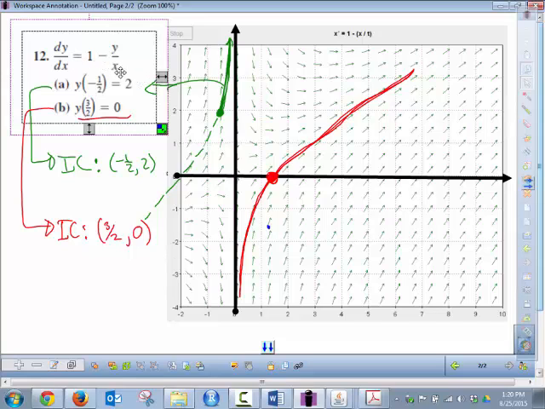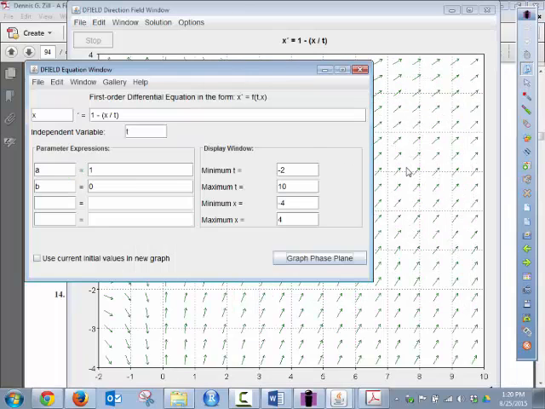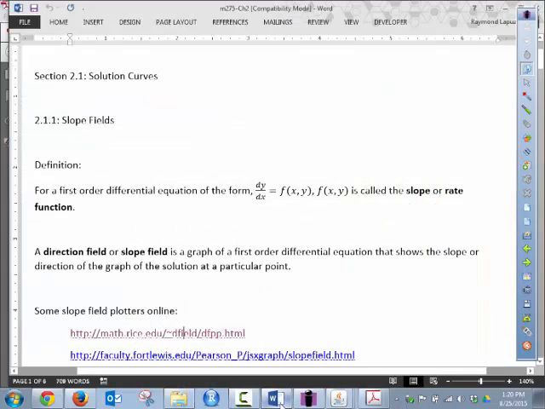What happens as x goes to infinity? What's this equal to? 1? You think we should have an equilibrium point at 1? Doesn't look like it, huh? All right, well, let's see what an equilibrium point means. You guys got the idea, though, slope fields and then those initial conditions.